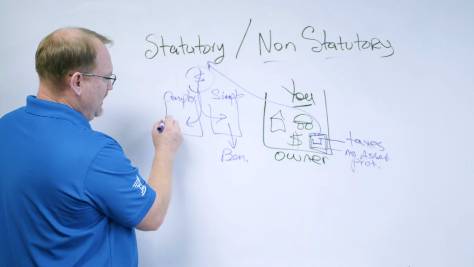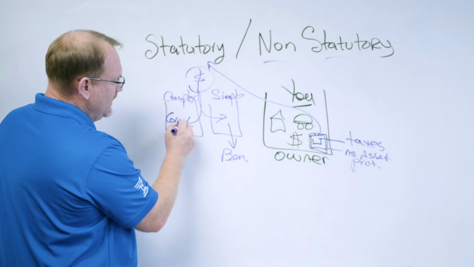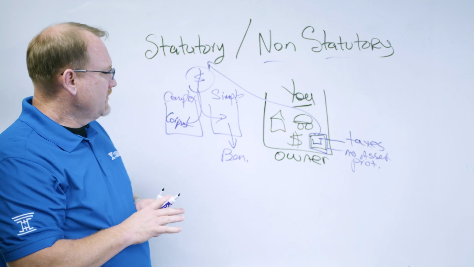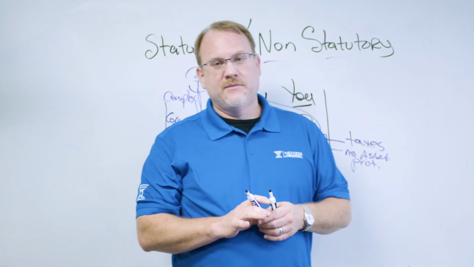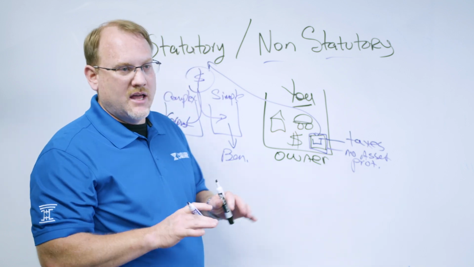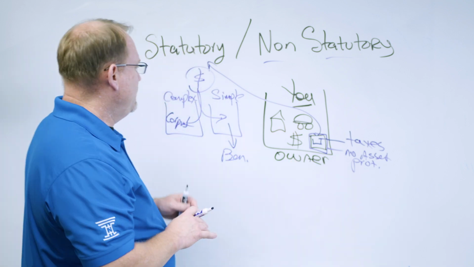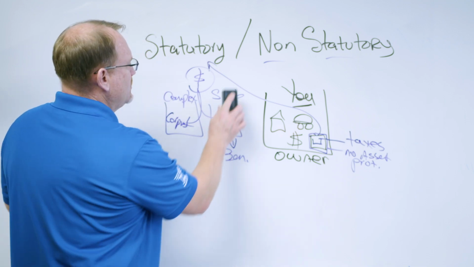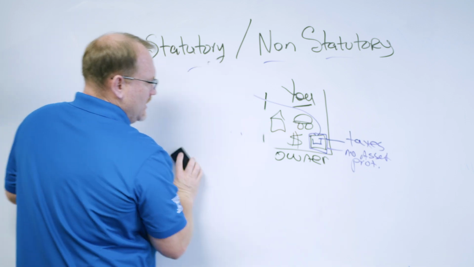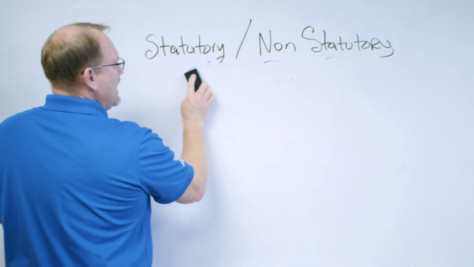It could technically hold the income in corpus. Okay, so it can hold that income in corpus, and it wouldn't technically have to be distributed. You have a lot of options if you have the right structure. So statutory, non-statutory, if you have the right structure, you're going to have a lot more benefits.